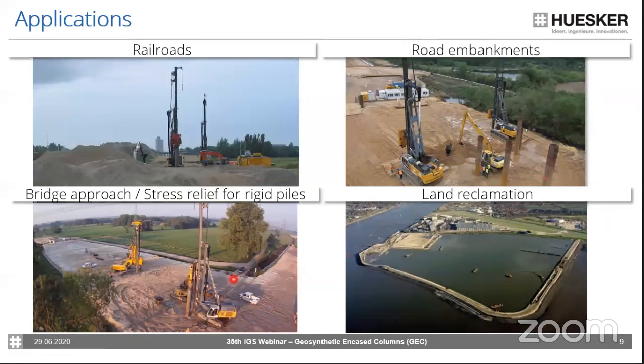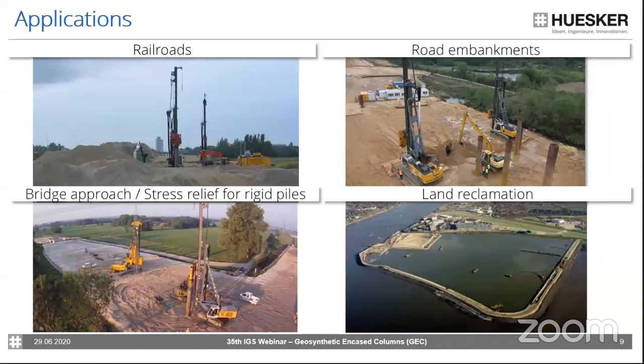The system was developed more than 20 years ago by a contractor, a geosynthetic supplier, and a professor in Germany who developed the design procedure. Therefore, in the last decades, the system has been used for road embankments as well as railroads.